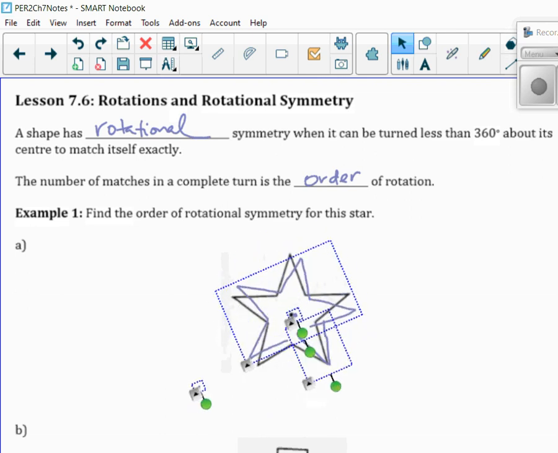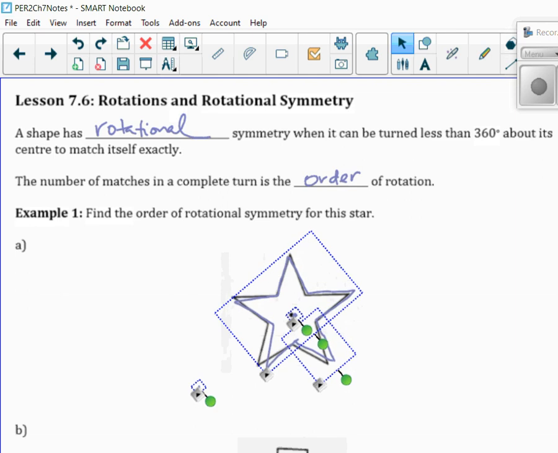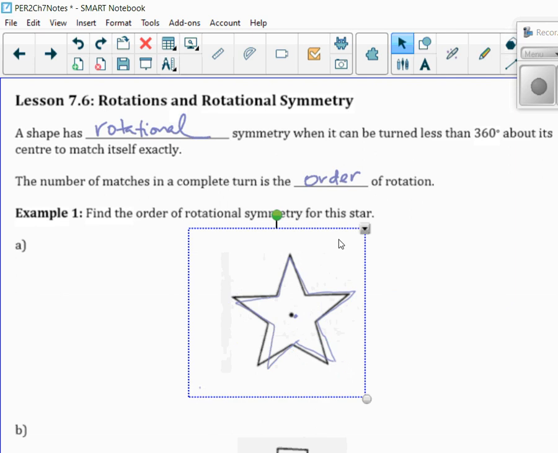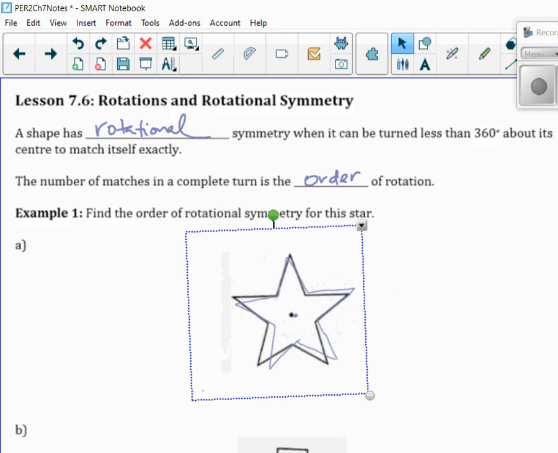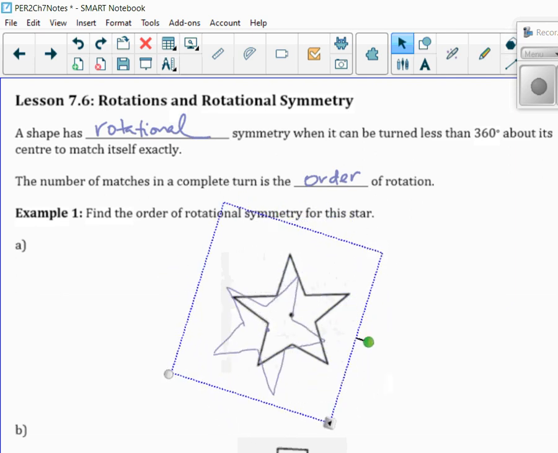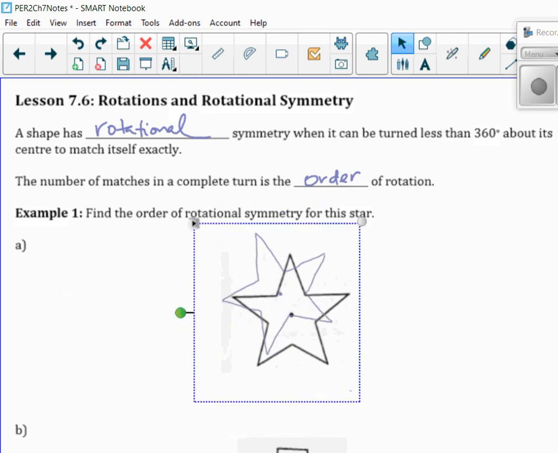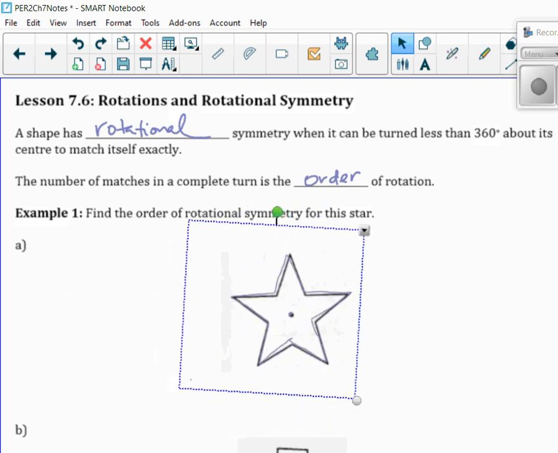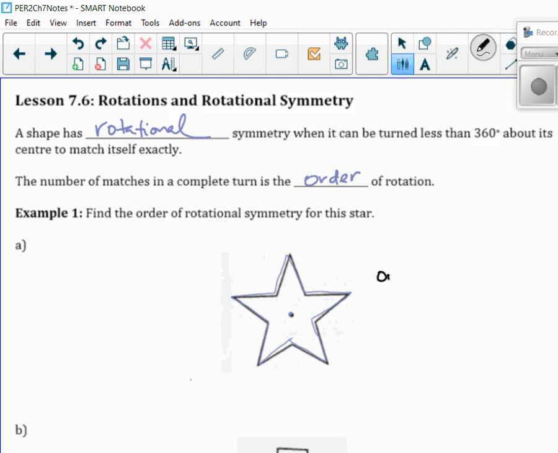Oh, now I think I got all mixed up. Give me a second here. So that was twice, 3, 4, 5, and I'm back up here. Lined up. So that means I can turn it 5 times into itself. So that means my order is 5.